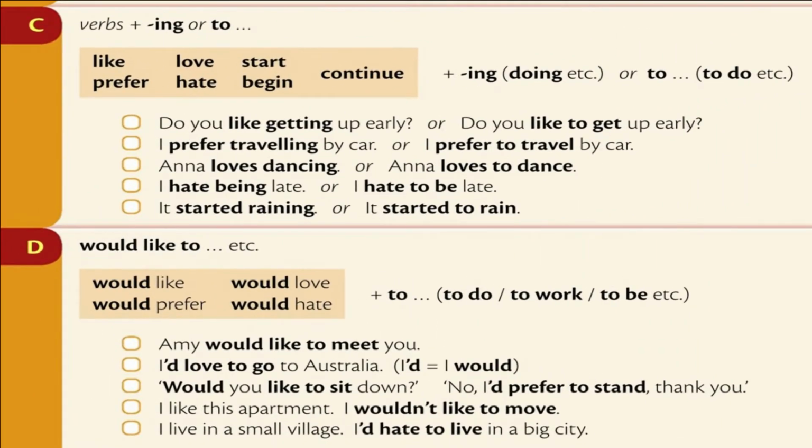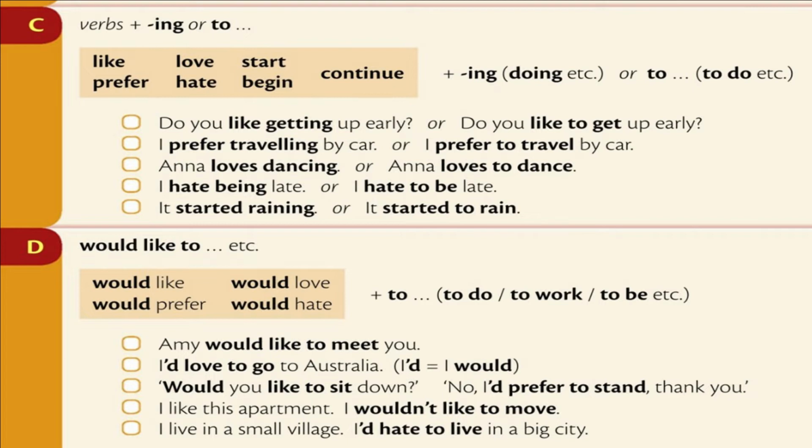Section C. Verbs plus ing or to. Like, prefer, love, hate, start, begin, continue. Plus ing, doing, etc. or to do, etc. Do you like getting up early?